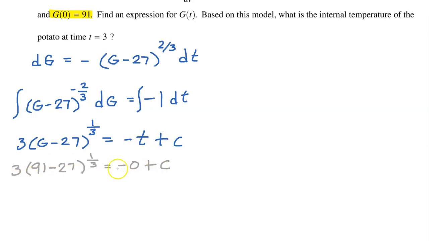Negative 0 is nothing, so let's just simplify over in this area. 91 minus 27 is 64. 64 to the 1/3 power, in other words the cube root of 64, is 4. So I'm looking at 3 times 4, which is 12. So we just figured out that c is 12. Let's put 12 back into the equation right here.